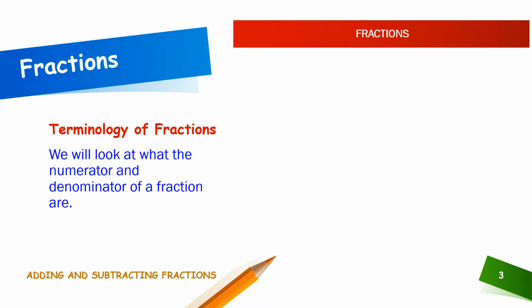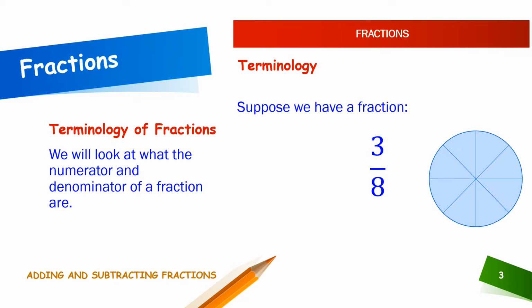Let's first look at the terminology. We will look at what the numerator and denominator of a fraction are. If we have a fraction 3 out of 8, this fraction represents, for example, 3 pieces of a circular pie which is cut up into 8 pieces.